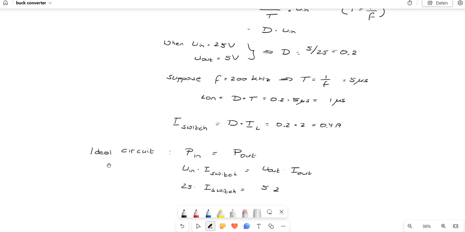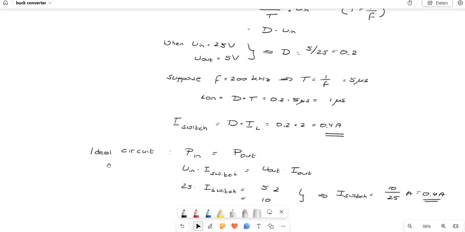And then we get 5 times 2 is 10 watt. So in that case, I switch is equal to 10 over 25 amps, which is 0.4 amps, what we also calculated over here.